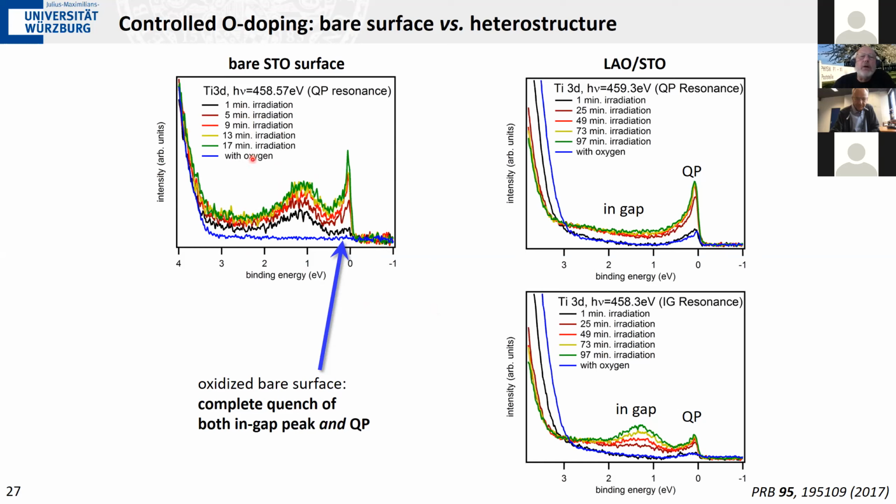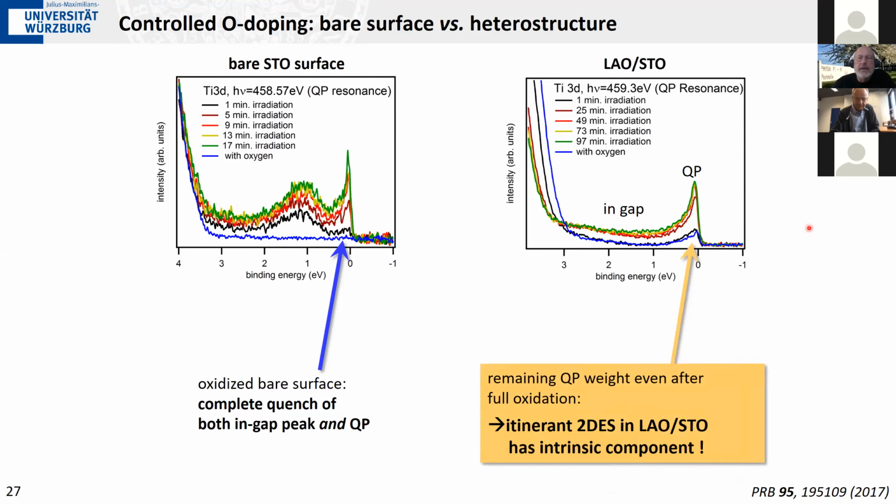But when you then offer the extra oxygen, you can quench both the in-gap peak as well as the quasi-particle peak down to zero completely. So you can quench it back to a real insulator. While in the LAO-STO, independent of how strongly you expose the system to oxygen, you're always left with a finite amount of quasi-particle intensity.